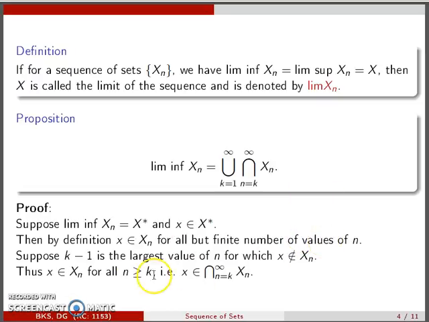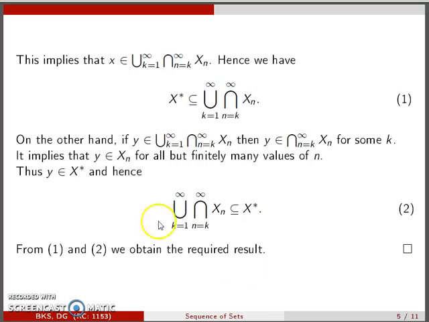So if of all these finite numbers k minus 1 is the largest, that means x belongs to xk and all the other xn with n larger than k. That means x belongs to the intersection of xn for n equal to k to infinity. And this implies that obviously x belongs to the union, and hence x star is a subset.